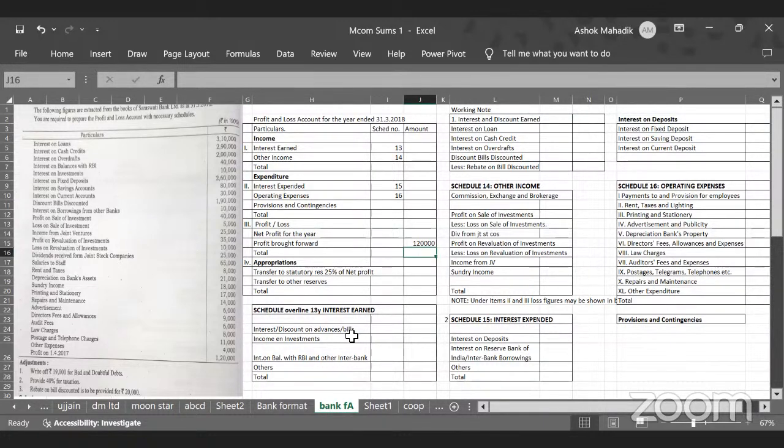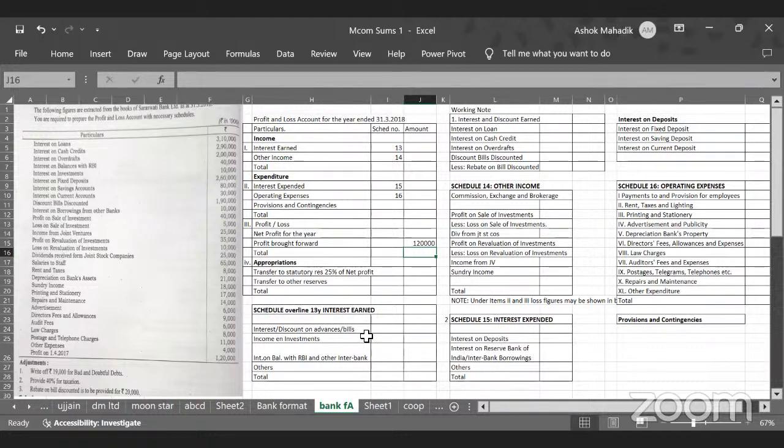So keep this at the end. If necessary, do whatever posting is possible, you'll get some marks. I'm not saying that you won't be able to complete, but you better don't start with this. Start with some other chapter which you are comfortable with.